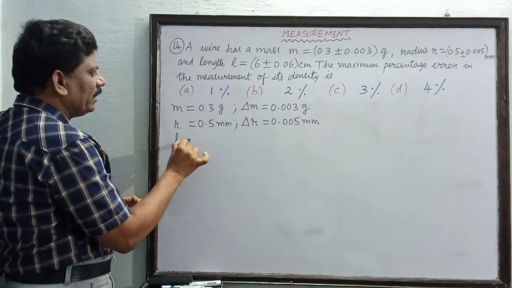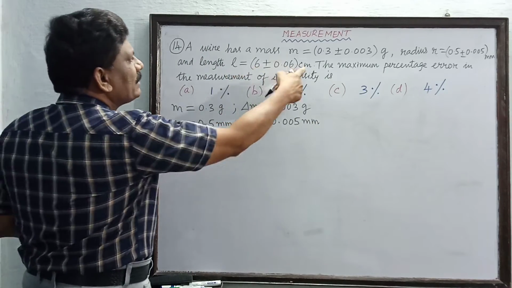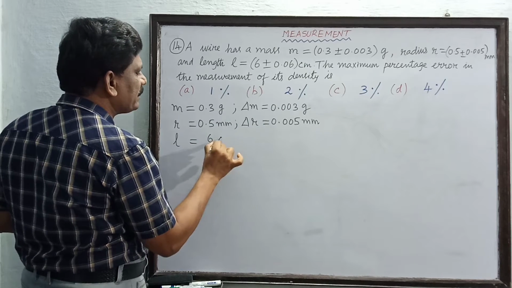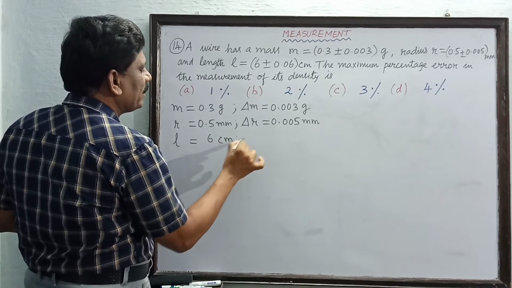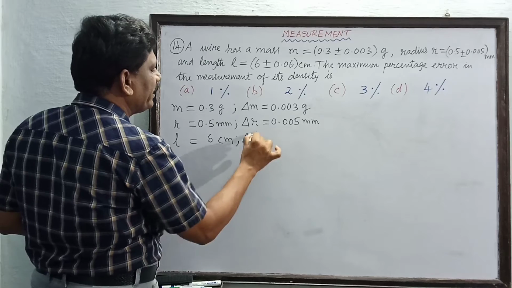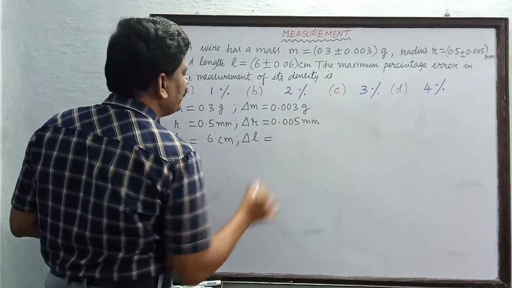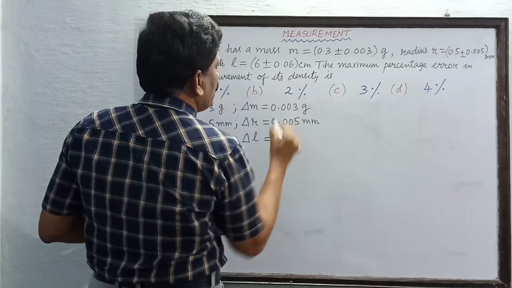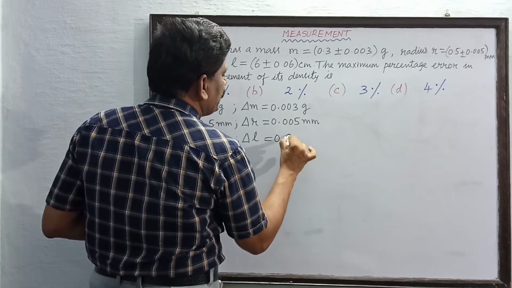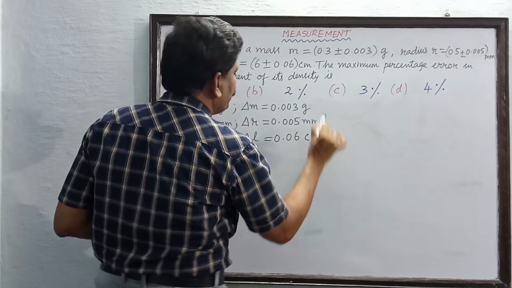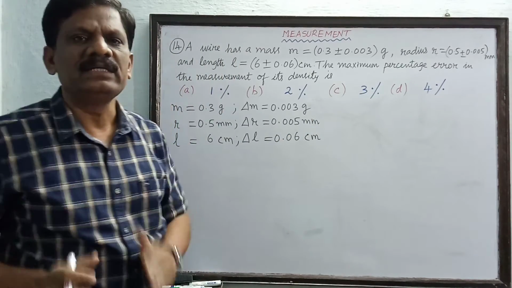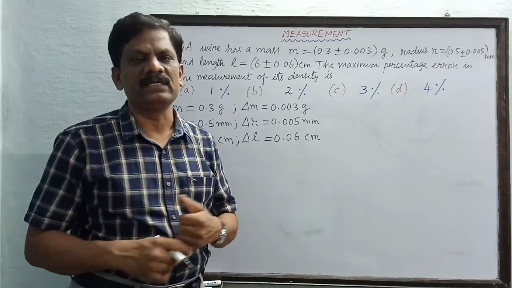Similarly, length L is equal to 6 centimeter and the corresponding absolute error in the length delta L is equal to 0.06 centimeter. First you make a tabulation of all the given quantities.